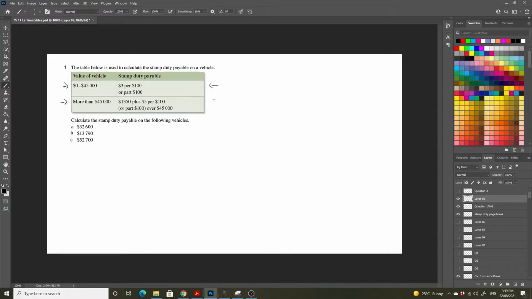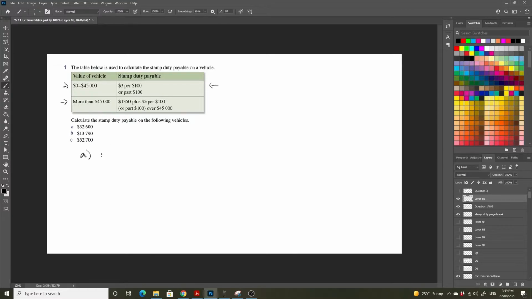Rate 1 is $3 per $100, or part of $100. What this means is that we pay $3 per $100 of value of the car, but also that we need to round up and pay an extra $3 on any remaining amount of money that doesn't neatly divide into $100. So let's look at question A to start with.